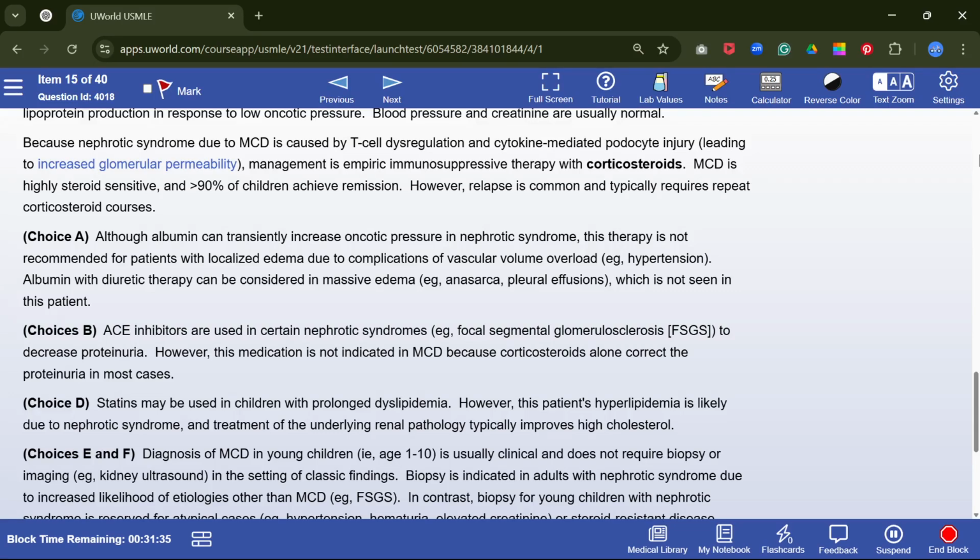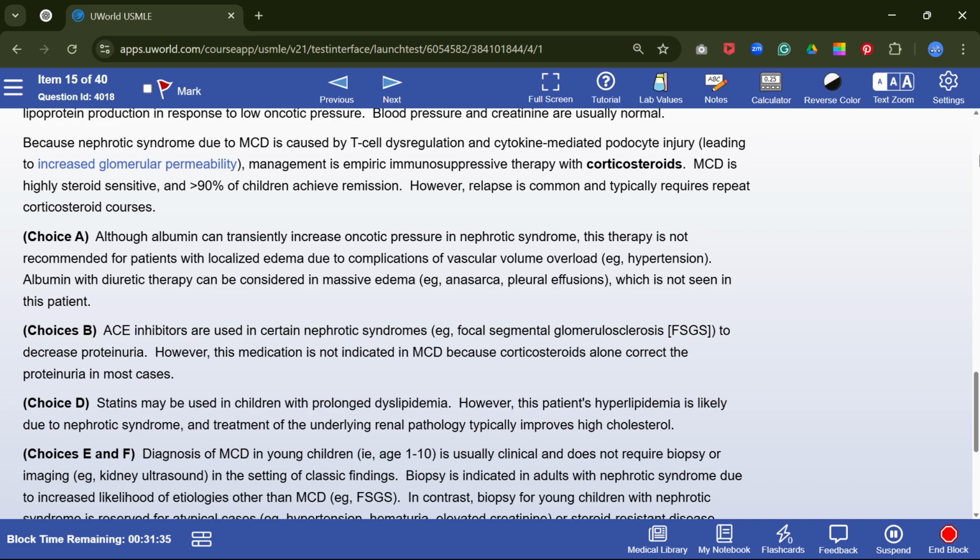ACE inhibitors are used in certain nephrotic syndromes. Although albumin can transiently increase oncotic pressure in nephrotic syndrome, this therapy is not recommended for patients with localized edema due to complications of vascular volume overload and hypertension.